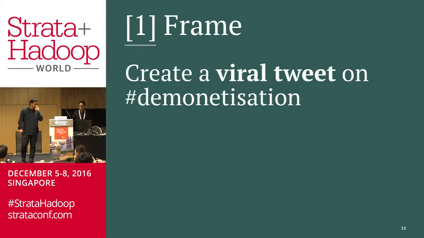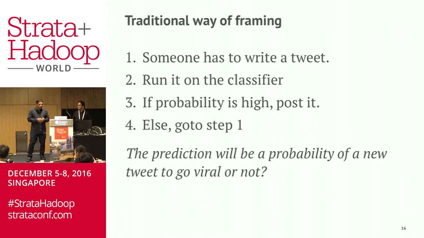So we want to create a viral tweet on demonetization, and let's approach it a very traditional way. How you would do it in statistical learning. The very traditional way of framing this problem would be: someone has to write a tweet. Then we put it in a classifier. We calculate the probability of this tweet being likely to be viral.